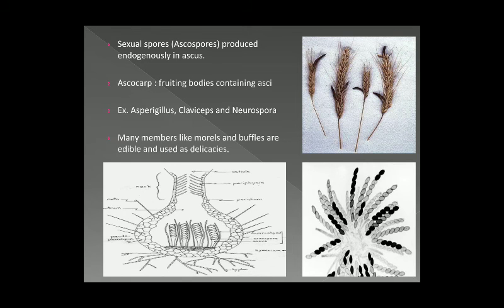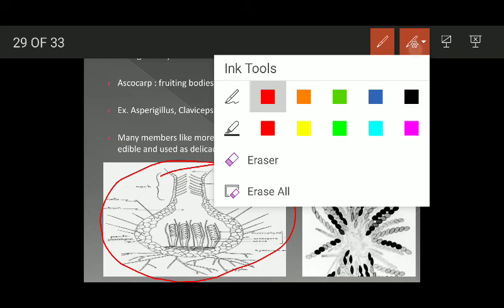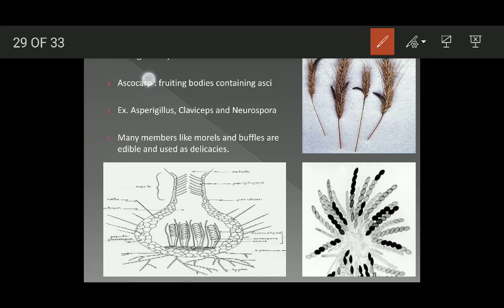Now the sexual spores. Sexual spores, which are also known as ascospores, are produced endogenously in the ascus. Here, this is the fruiting body of Ascomycetes, and inside this fruiting body you will have structures known as asci, and a single structure is known as an ascus. The sexual spores in Ascomycetes are produced in these asci, endogenously, which means internally produced. Now the ascocarp.